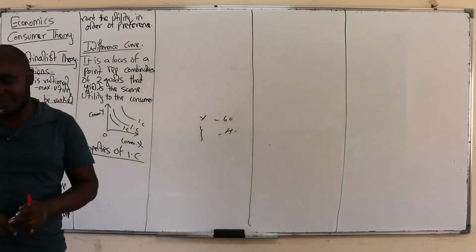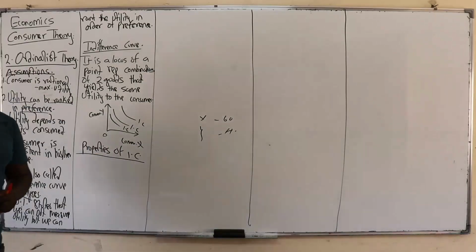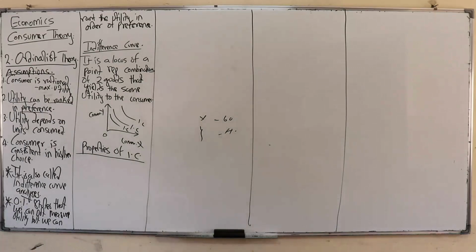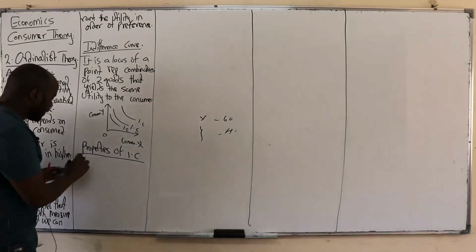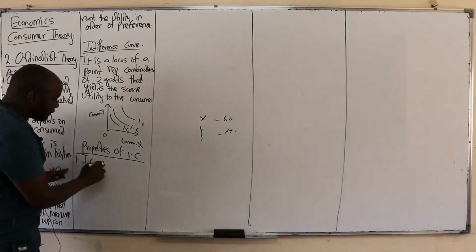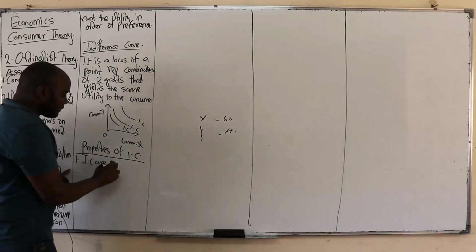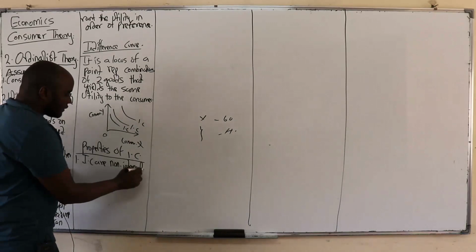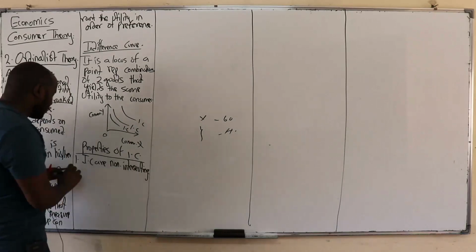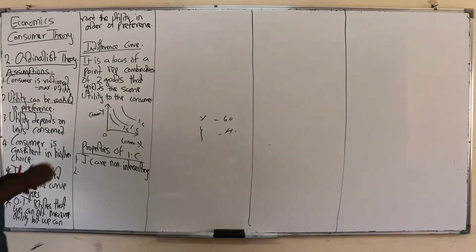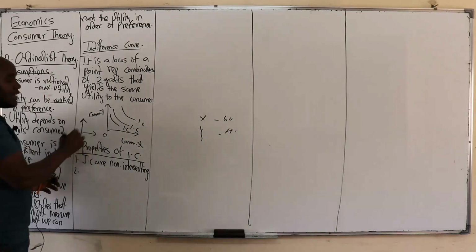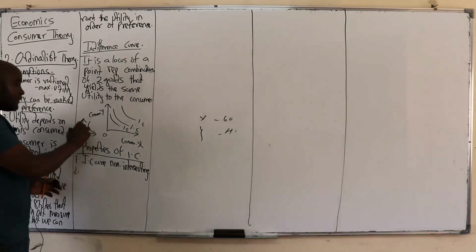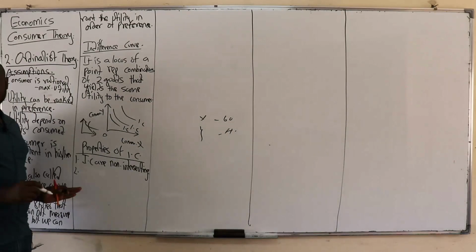Property number one is that indifference curves are non-intersecting. In short, you shall never find a situation whereby there are indifference curves intersecting like that. Are you together?